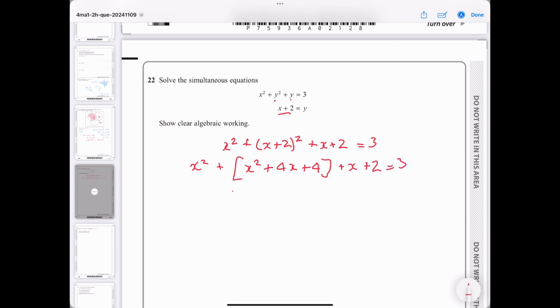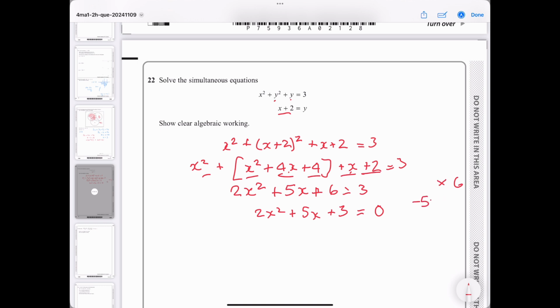So on this side we've got 2x squared plus 5x, that's that and that, plus 6. That one, that one, that one, that one, and that one equals 3. So that means 2x squared plus 5x plus 3 equals 0. And basically, what times to 3 and adds to 5?